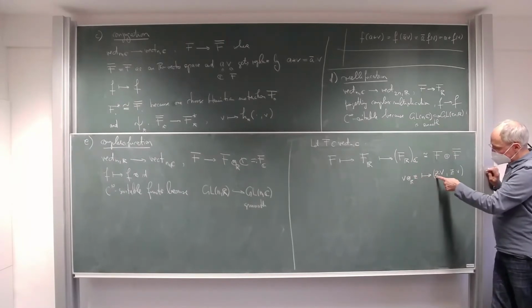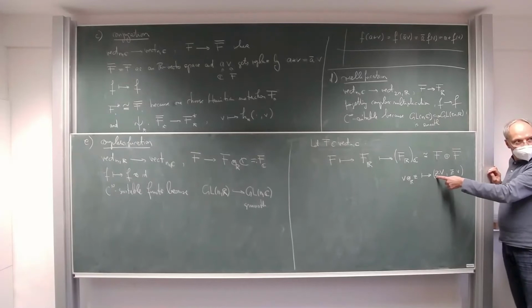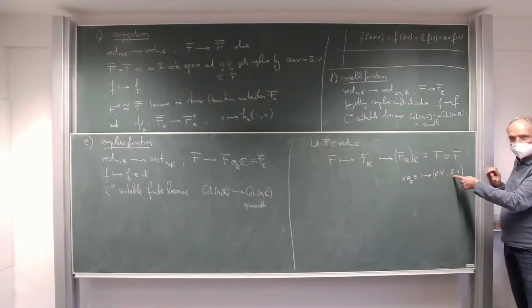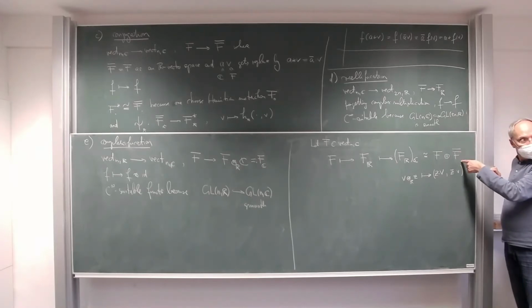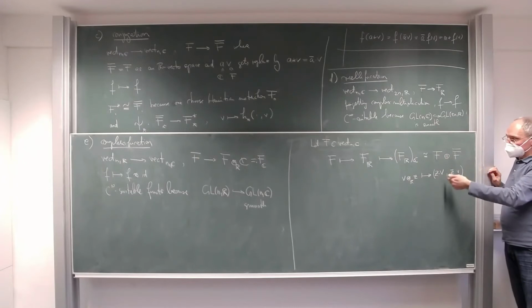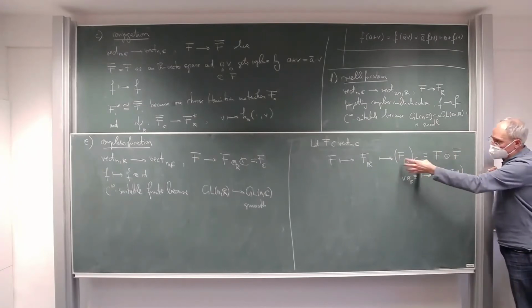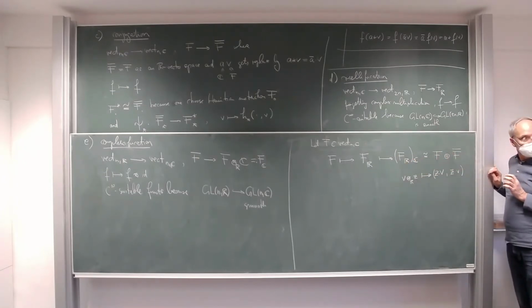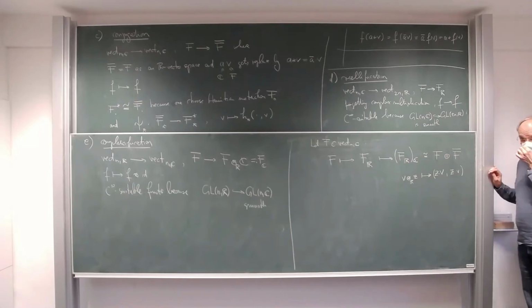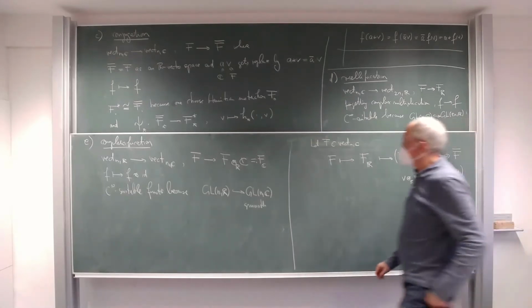That means the first slot gets multiplied with that complex number, and the second slot gets multiplied with its conjugate, which is the complex structure for F bar. So this shows that as a map from here to there, it's also a complex linear map. So that sets up the isomorphism.